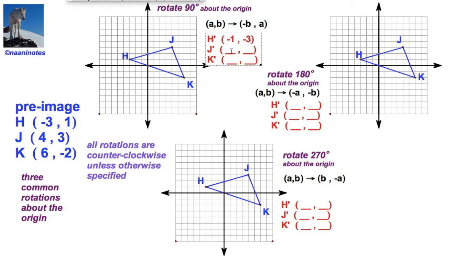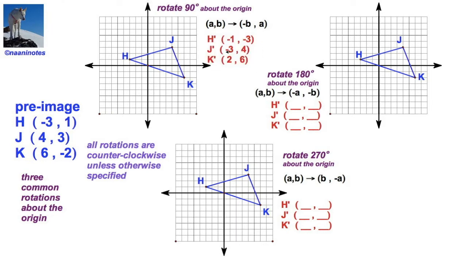If J is (4, 3), J prime is going to be the opposite of 3, and 4 will remain. And if K is (6, negative 2), the opposite of negative 2 is 2, and then put in the 6.